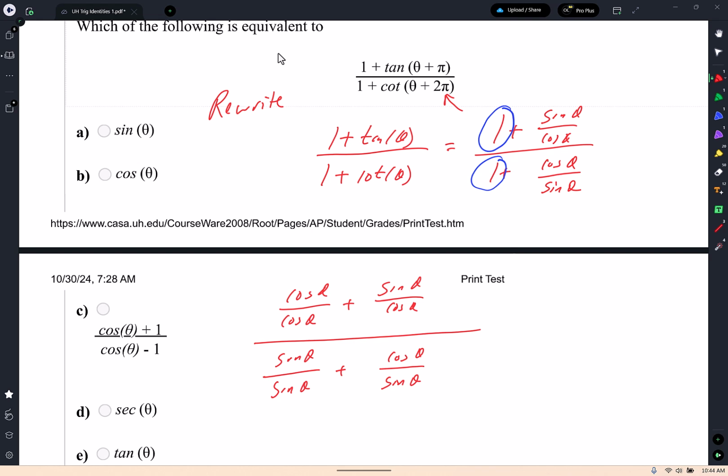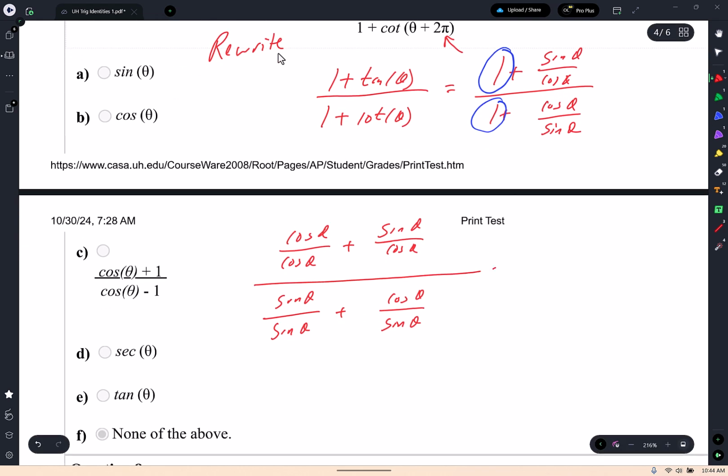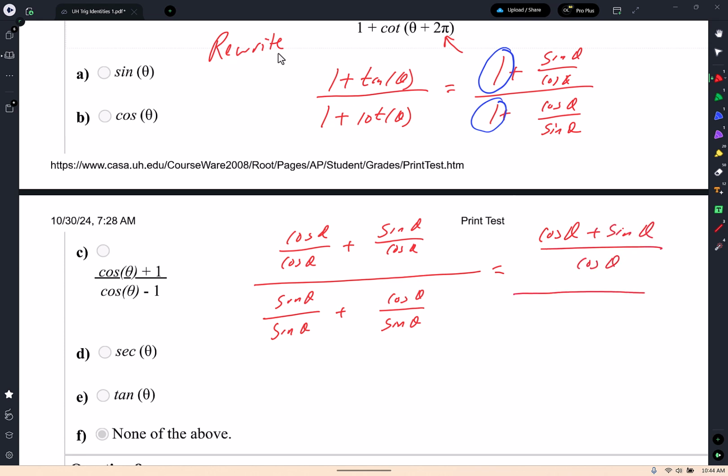You guys see that? If you had like a negative 1, negative sine theta over sine theta. Okay. So now that I have that, here's what we have. Cosine theta plus sine theta over cosine theta. All this is over sine theta plus cosine theta over sine theta.